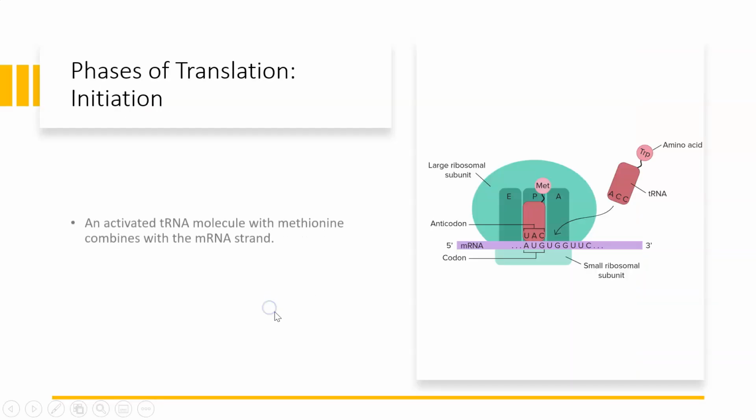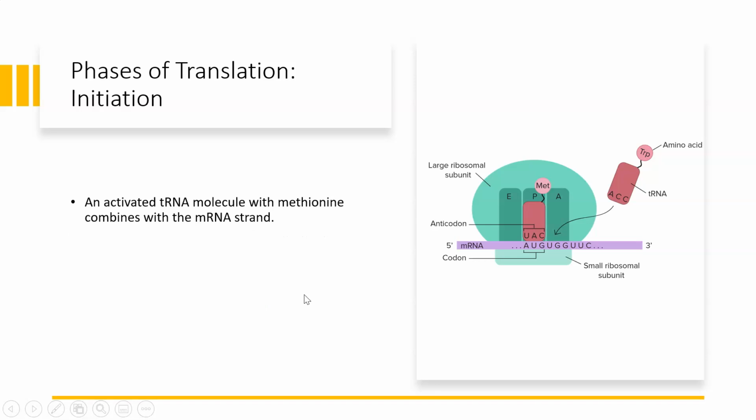Alrighty, so we've talked about those phases of translation. Now, that video highlighted it really well, but let's look a little bit deeper. So we start with initiation. An activated tRNA molecule with methionine combines with the mRNA strand. Our start codon is AUG, and methionine is our first amino acid.